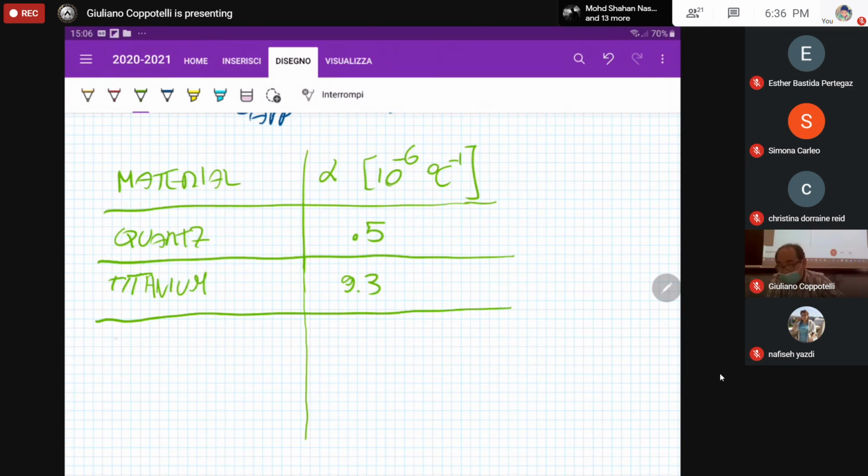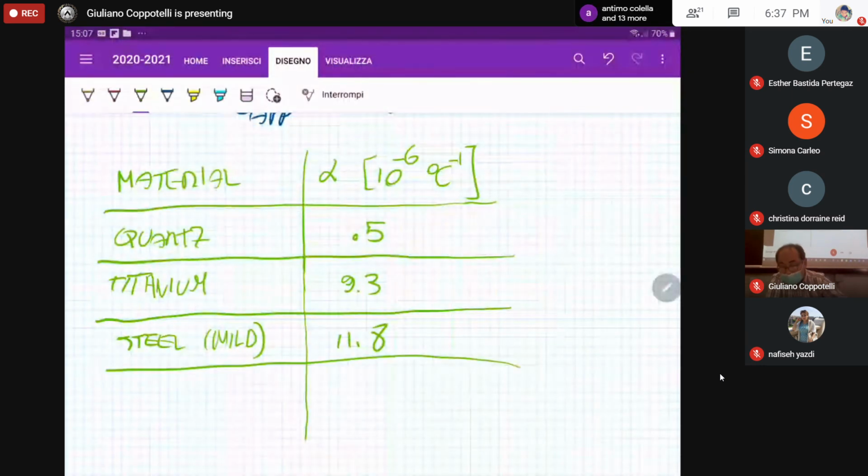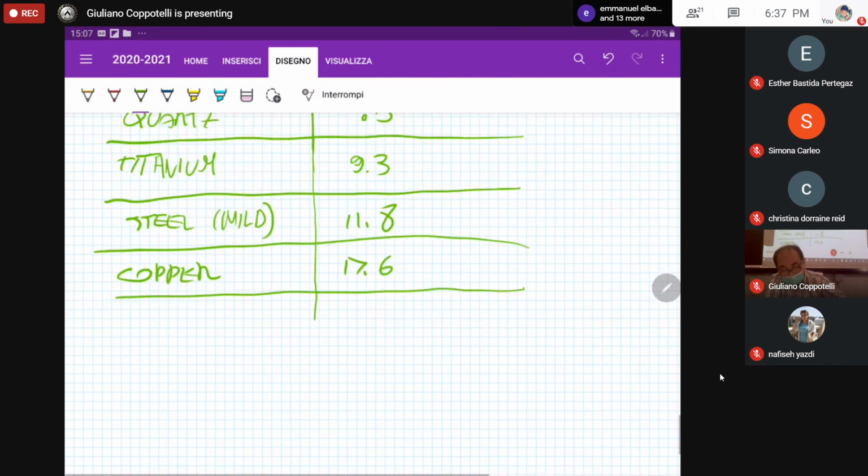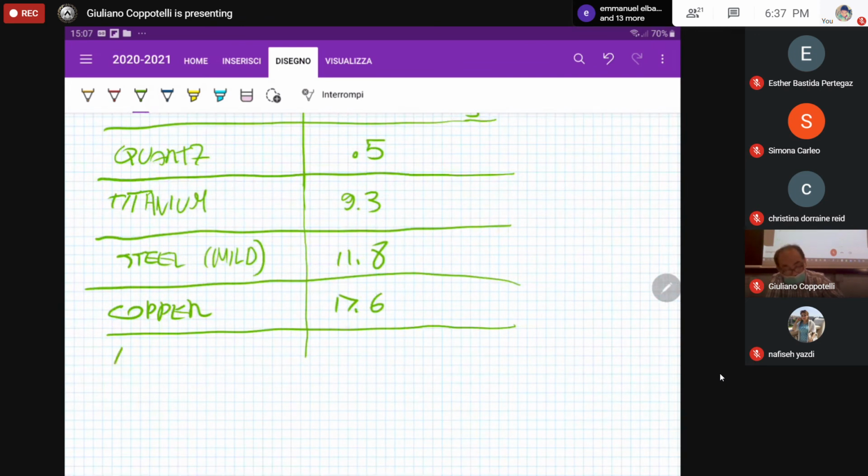Steel, mild, what we are having is 11.8. Copper, we are having 17. Aluminum alloy is about 22.